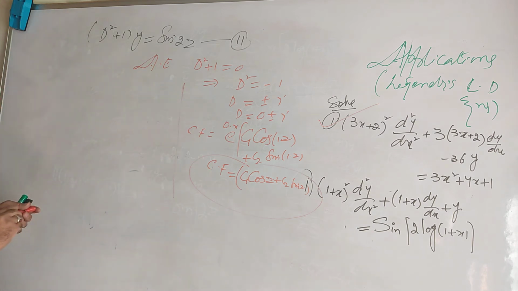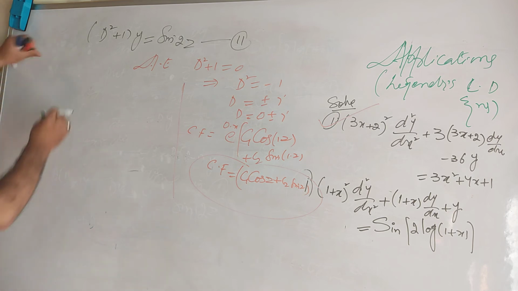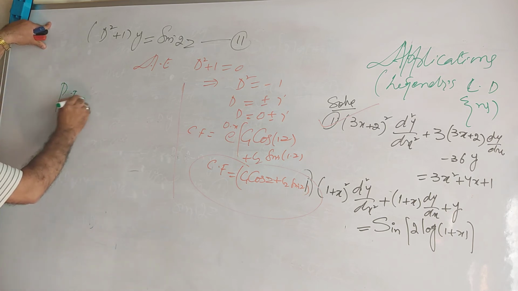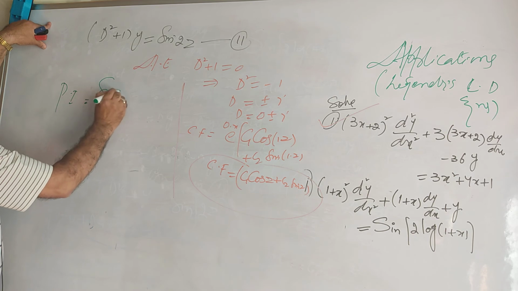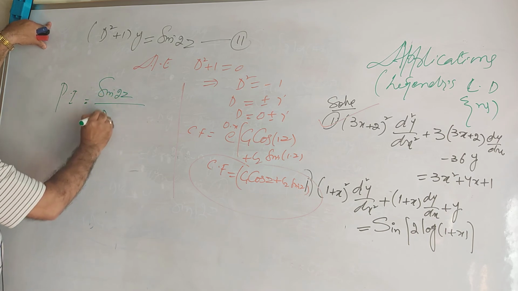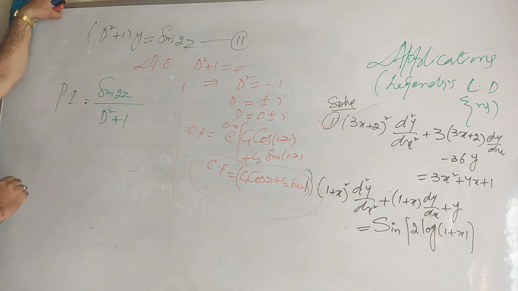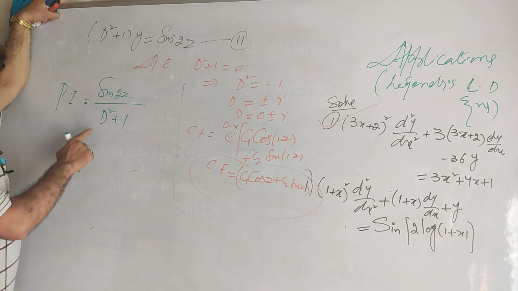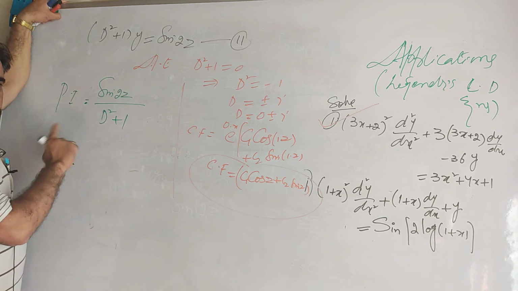Now I shall go for the particular integral. The particular integral is sin 2z by D² + 1. Do you remember? For sin ax, the D² term is replaced by −a².